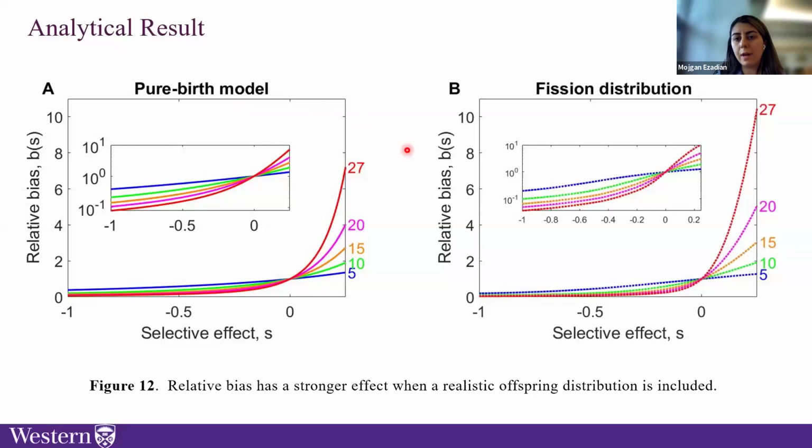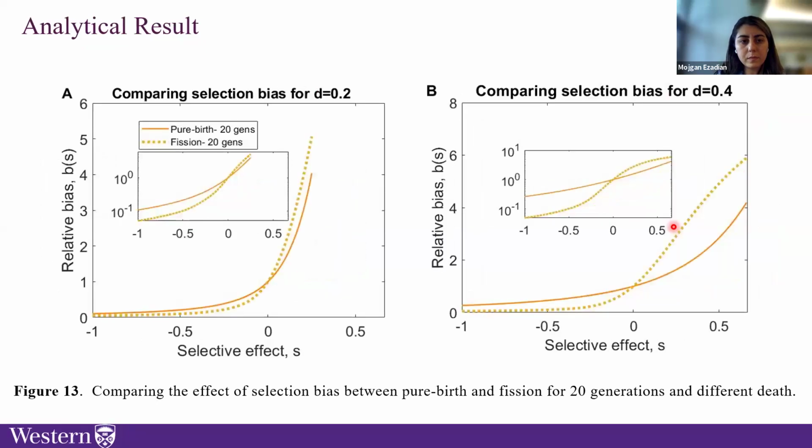So we have a stronger selection effect or relative bias when we apply the fission distributions to our model. You can see that when the offspring follow the fission distributions, we even have a higher relative bias for the beneficial part.